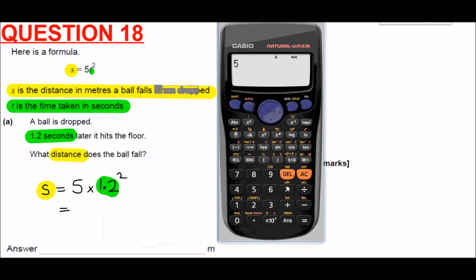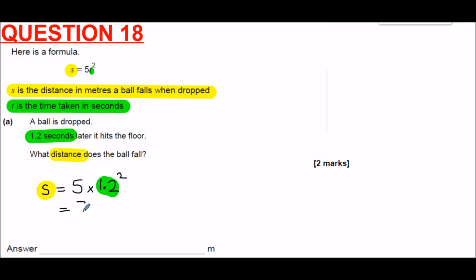So 5 multiplied by 1.2 squared equals 7.2. So the distance the ball fell was 7.2 meters. So we can just fill that in on the answer line.